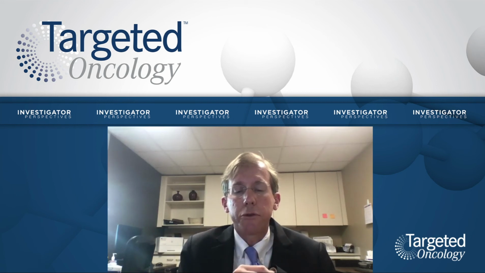As I said, about 3/4 of patients who present with follicular lymphoma have advanced stage disease, that is stage 3 or 4 disease, and not all of them need treatment right away. In fact, many of them don't. So in general, the field has evolved to think of these patients as having either high tumor burden or low tumor burden disease.